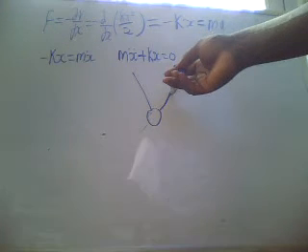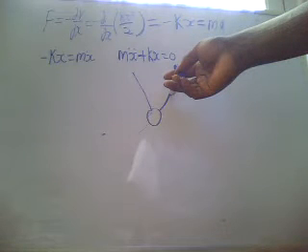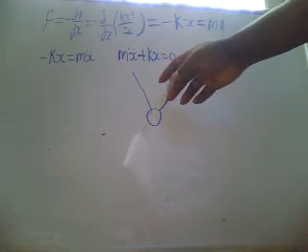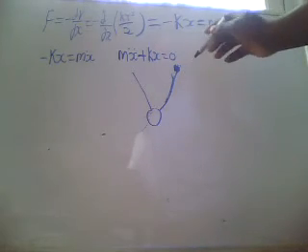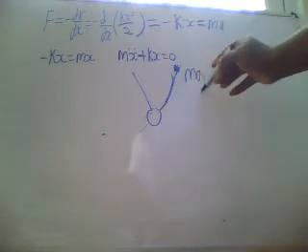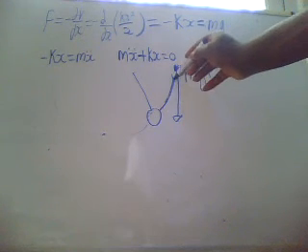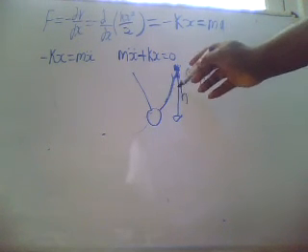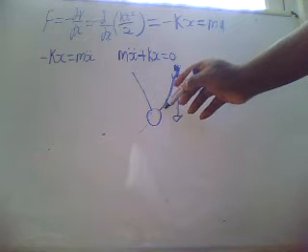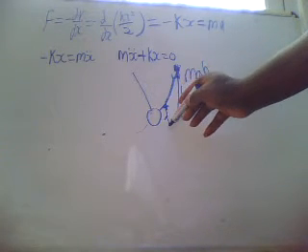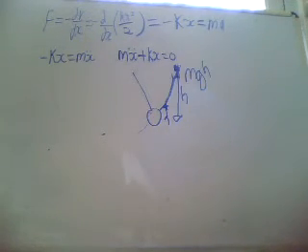The potential energy, in this case gravitational, is defined as mgh, where h is the height of the particle. As it comes down, h decreases.